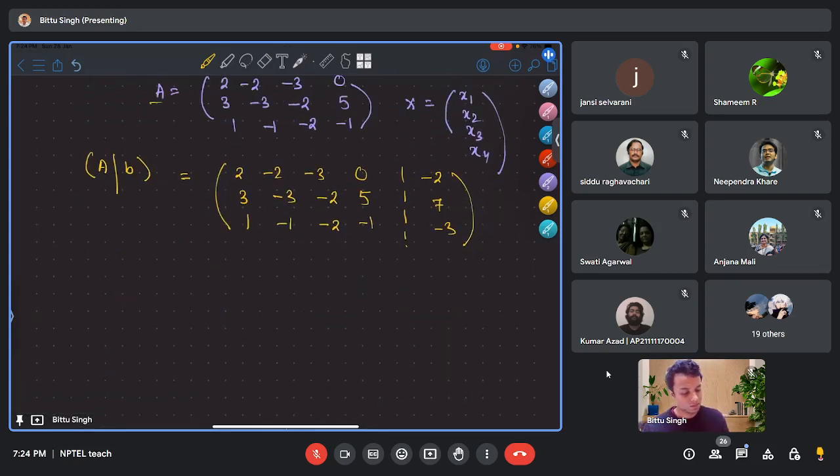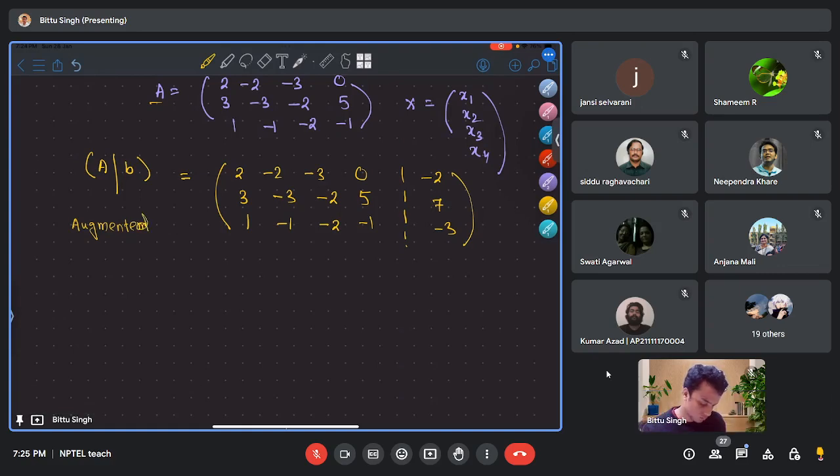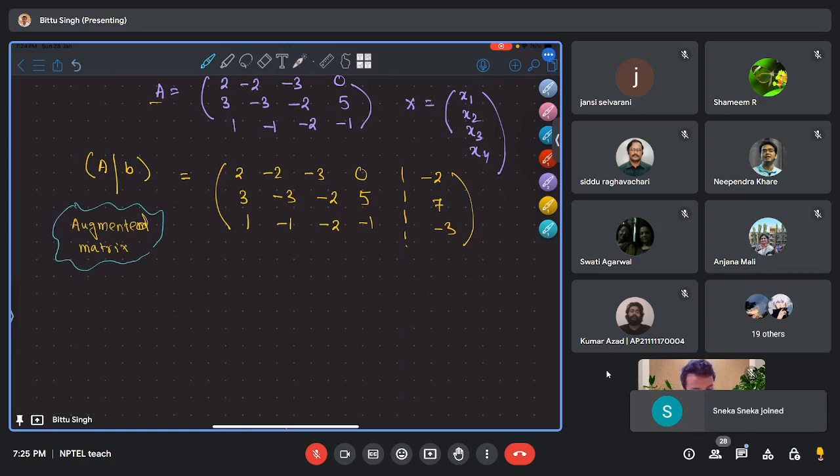We have written it in this way. Okay, this matrix is called the augmented matrix. Remember this. This matrix is called the augmented matrix.